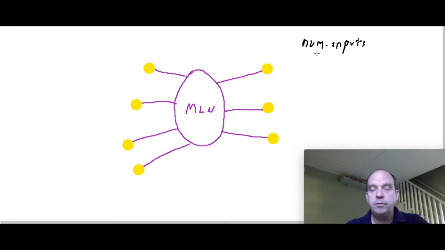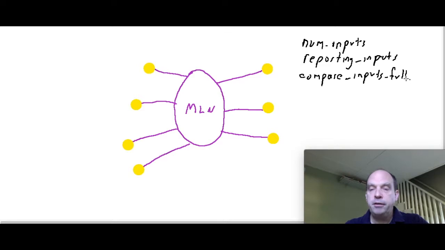Num inputs will keep track of how many input connections there are, and initially it'll be set to 0. Reporting inputs is a binary encoding of which of these inputs have data, and that will also be initially set to 0. Compare inputs full is a binary encoding of what reporting inputs will look like when each input connection has data.